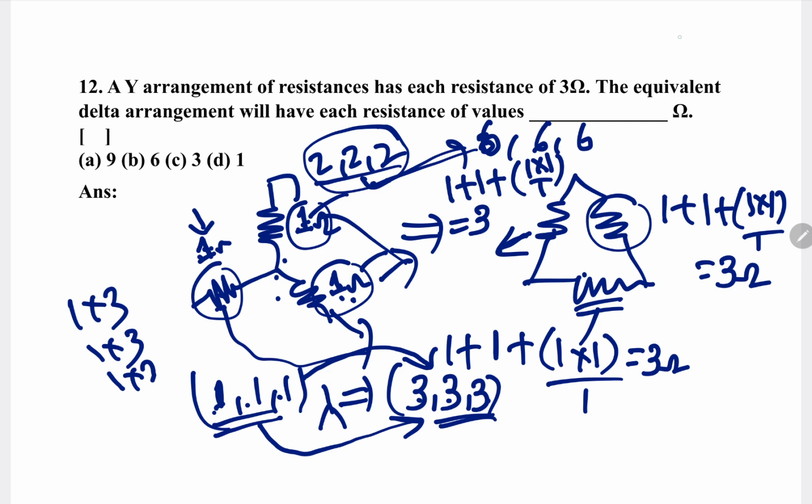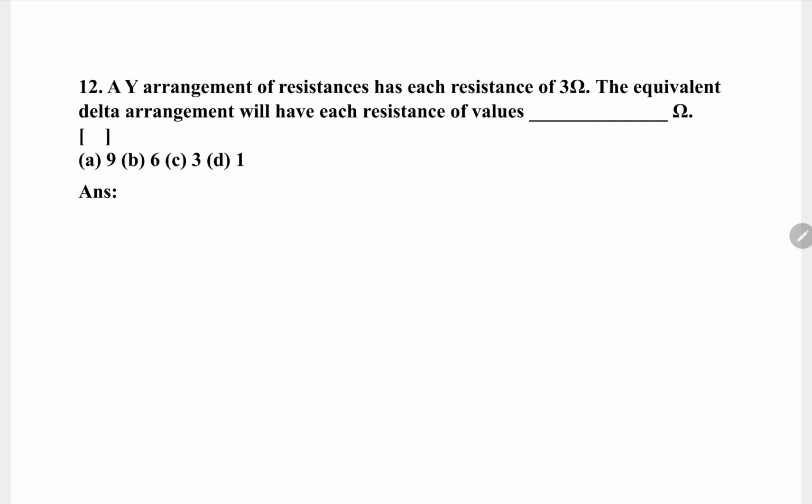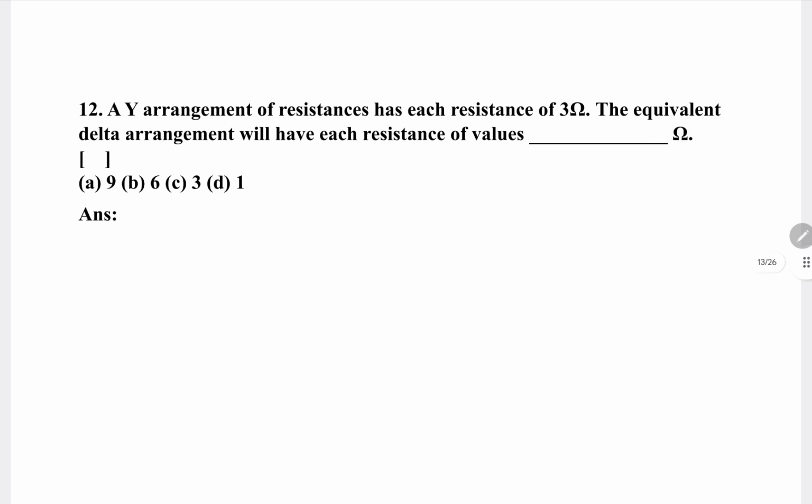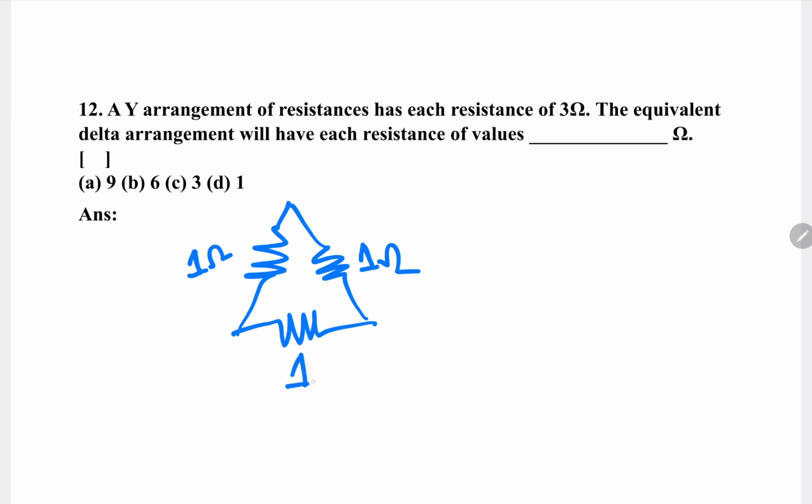Now let us see delta connection, delta to star. Let us say this is a delta connection. Now this is 1 ohm, again this is 1 ohm, this is also 1 ohm.